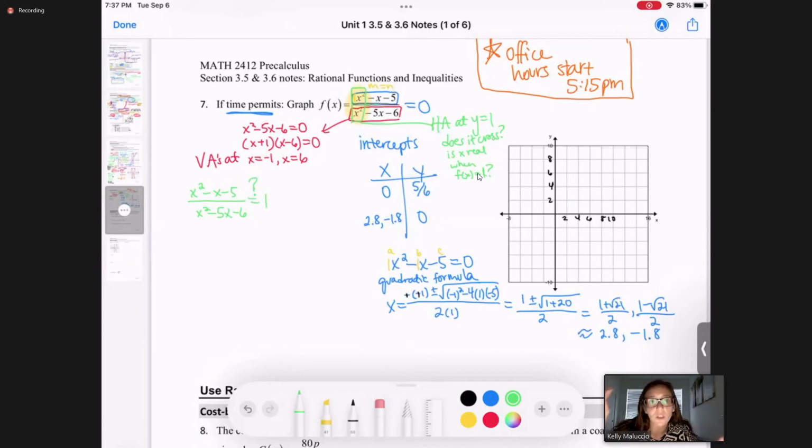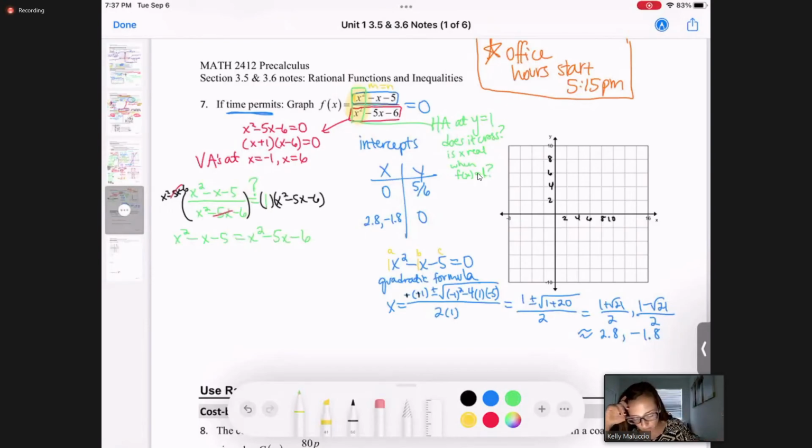Is it possible? And so to do this, I'm going to multiply both sides by the denominator, x squared minus 5x minus 6, so that it cancels here and here. And then I'm just left with x squared minus x minus 5 equals x squared minus 5x minus 6.